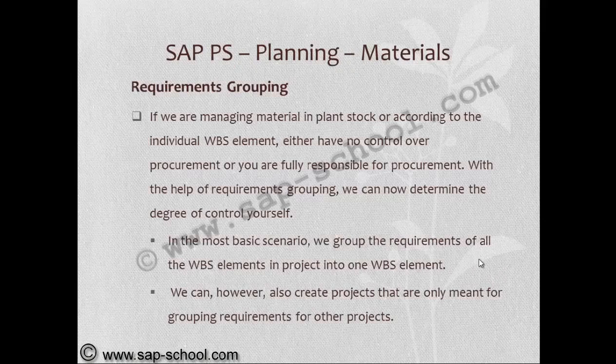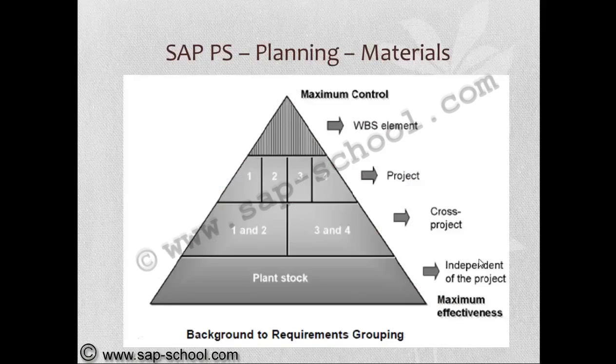If we are managing material in the plant stock or according to the individual WBS element, you either have no control over procurement or you are fully responsible for procurement. With the help of requirements grouping, we can now determine the degree of control ourselves. In the most basic scenario, we group the requirements of all the WBS elements in a project into one WBS element. We can, however, also create projects that are only meant to group requirements for other projects.